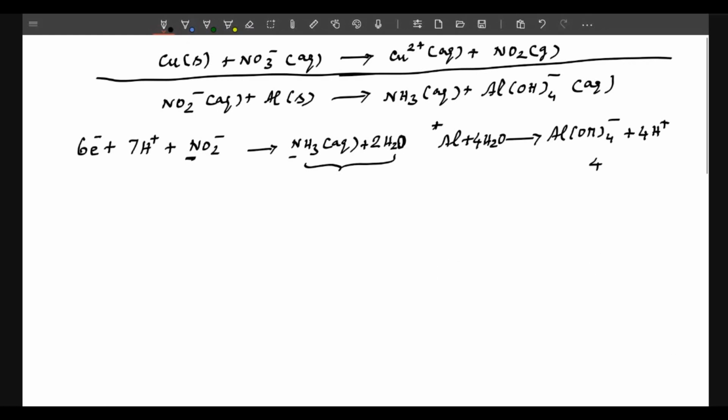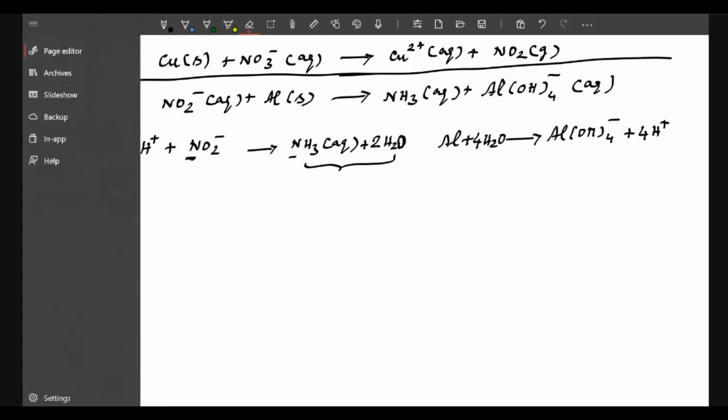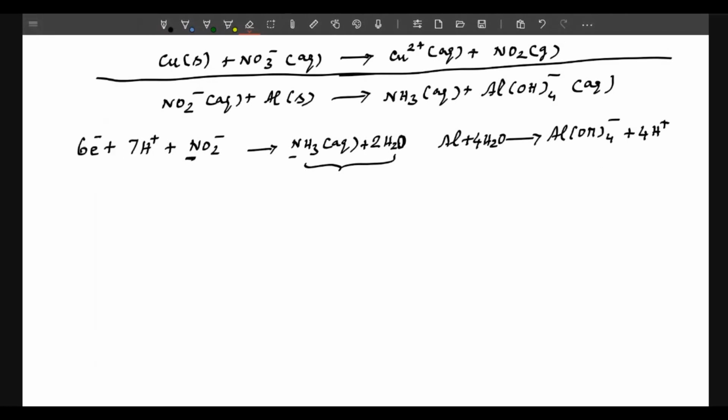And now finally balance the charge. Al(OH)4 minus has 1 minus, and 4 H plus gives 4 plus. Therefore the net charge here is plus 3. Here no charge. So you add 3 electrons on the product side.